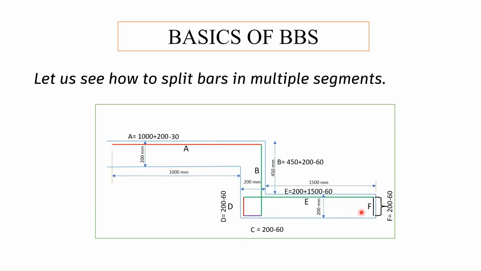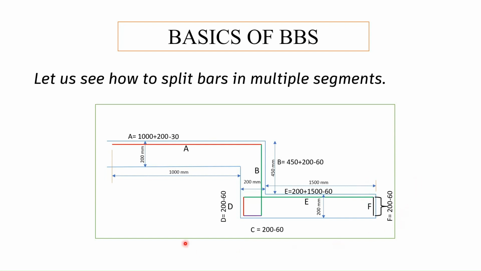Then we are going to deduct bend deductions for the locations where we have bends. For example, this 1, 2, 3, 4 and 5. So we have 5 bends of 90 degrees. So we are going to deduct 5 into 2 into the diameter of this reinforcing bar as bend deduction.